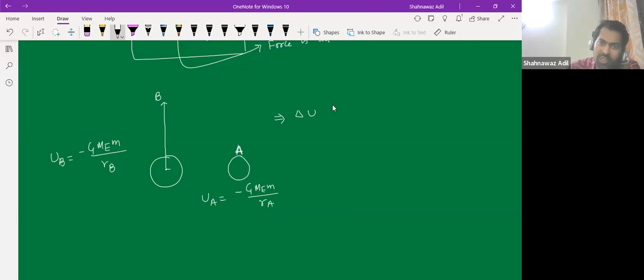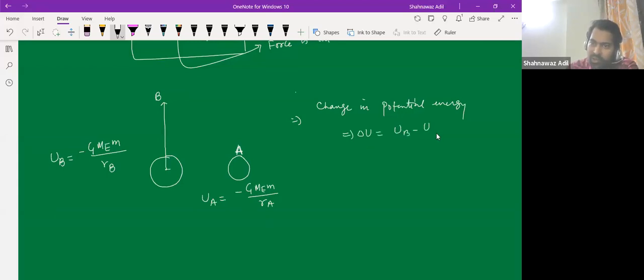So the change in potential energy would be delta U, which is UA minus UB.